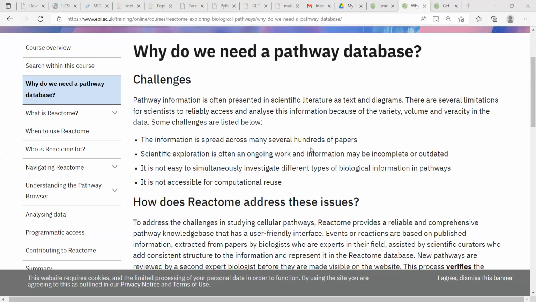Now, pathway information, why is this important? You know that very well. For genetic engineering purposes, suppose you want to modify or overexpress some genes in a cell, in a bacterial cell.